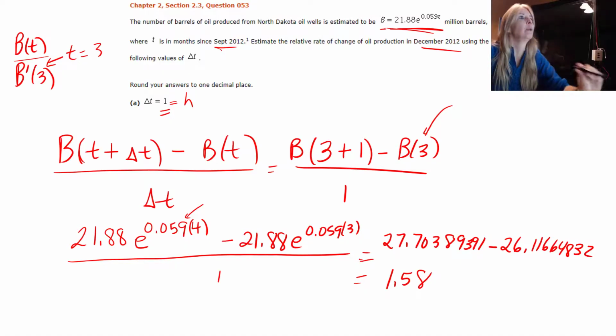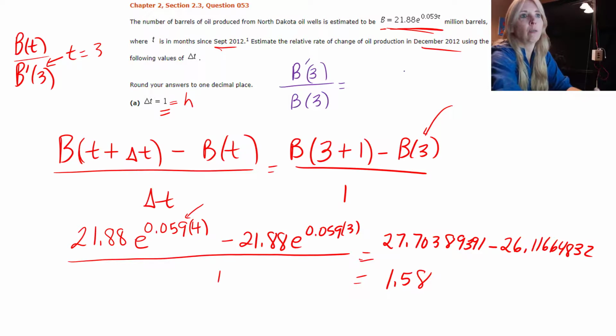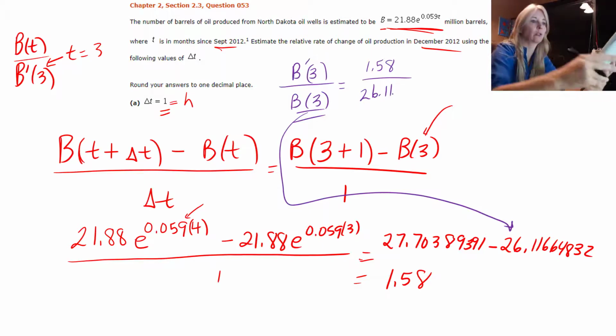So we take the derivative at 3, which is what we just found, and divide it by evaluating the function at 3. Well, we just found this is 1.58. We actually know this, because that's plugging in 3.